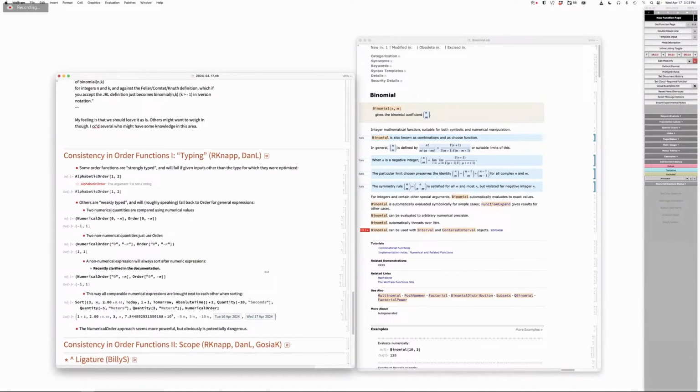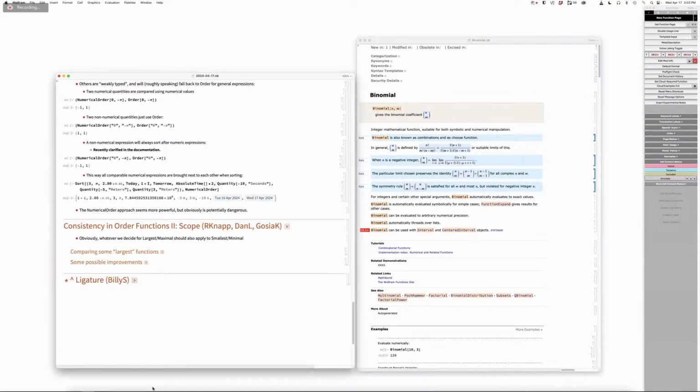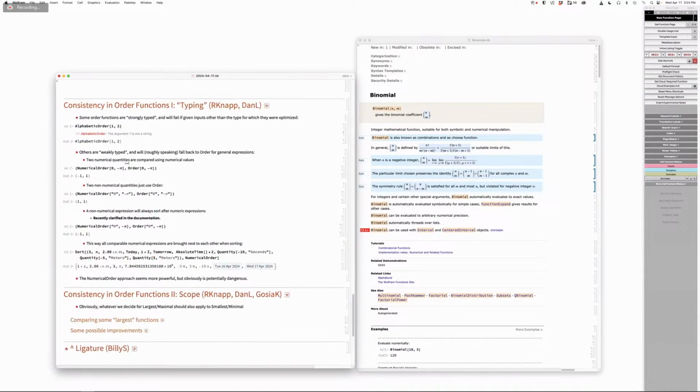Consistency and order functions. Okay. Oh my gosh, this sounds very painful. I don't think the first one is particularly painful. The second one is certainly more fact intensive. I have another meeting I'm supposed to go to very soon. Decide what largest and smallest should apply to.